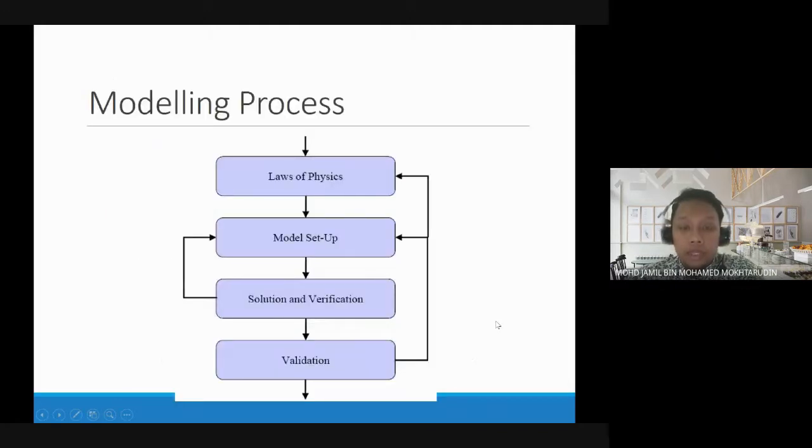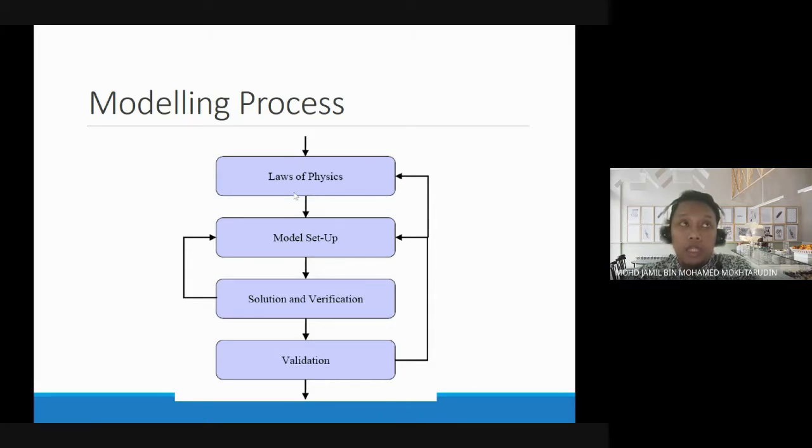Okay, so let's look at the process involved in modeling for bioengineering. It's the same as the finite element method, but we have the law of physics. So we need to define what law of physics we want to use. For example, if we want to study fluid flow, we use CFD as the law of physics.